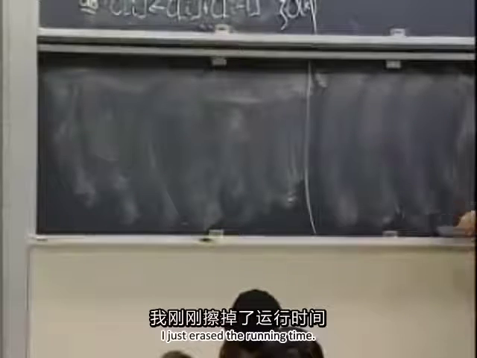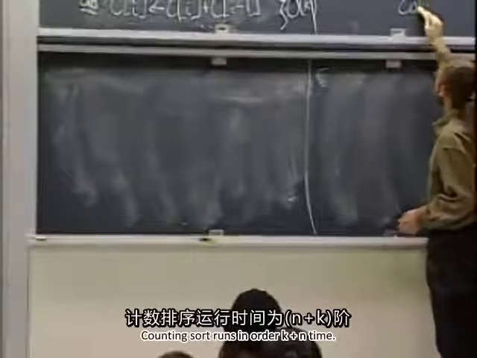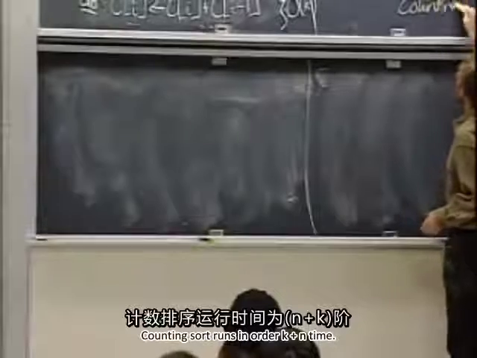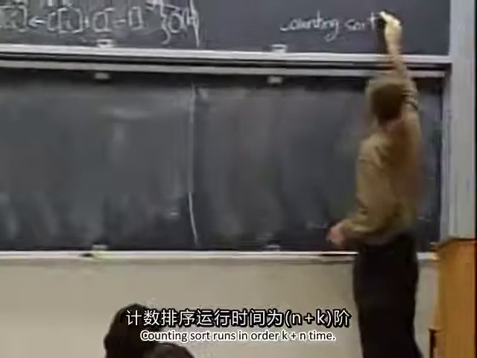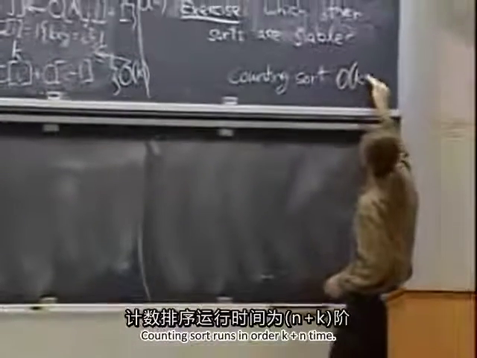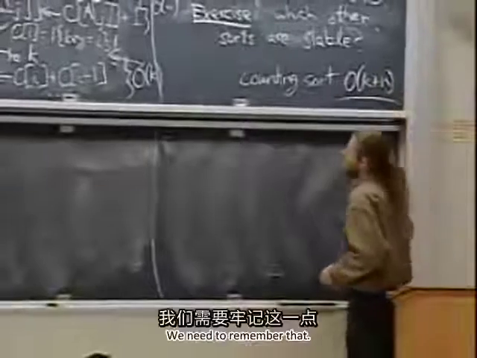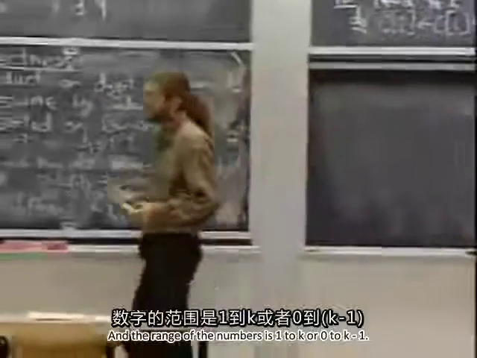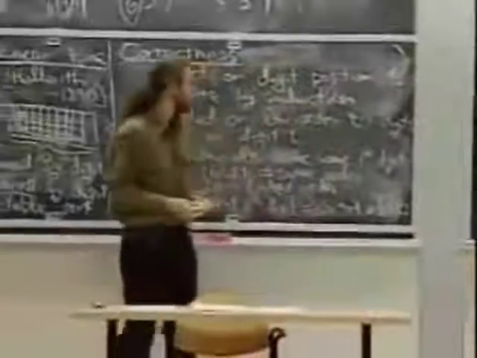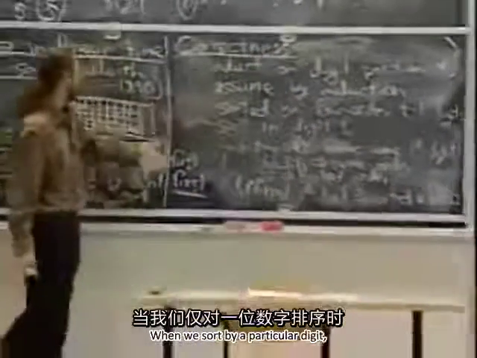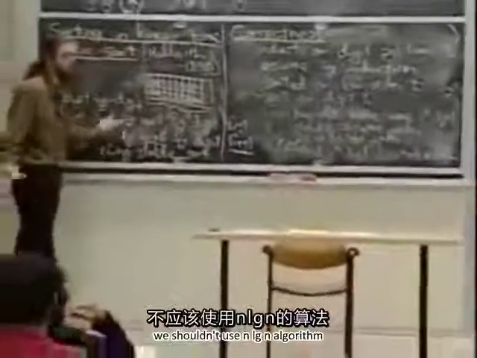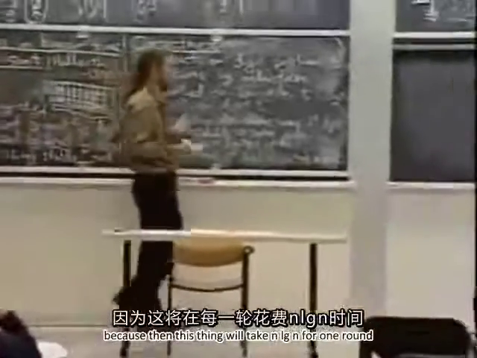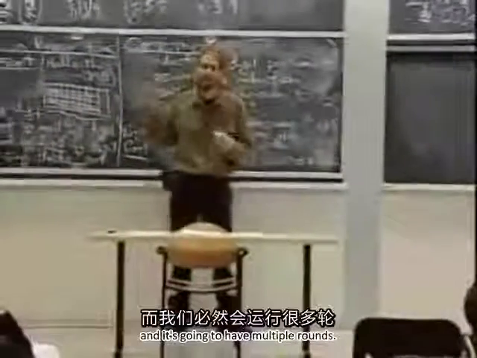Okay, I just erased the running time. Counting sort runs in order k plus n time. So we need to remember that. And the range of the numbers is 1 to k, or 0 to k minus 1. So when we sort by a particular digit, we shouldn't use an n log n algorithm, because then this thing will take n log n for one round, and it's going to have multiple rounds.